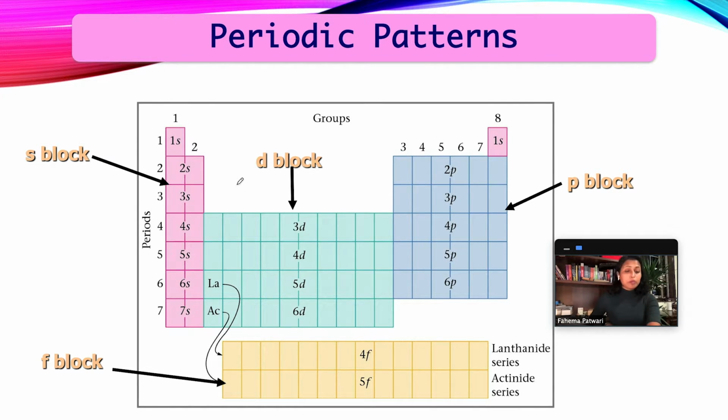If you remember, the s sublevel can fit 2 electrons, and there are exactly 2 groups in the s block. The p sublevel can fit 6, and here we have 1, 2, 3, 4, 5, 6 families in the p block. The d sublevel can fit 10 electrons, and there are 10 families in here. The f sublevel fits 14, and there are 14 families. So it matches up perfectly.